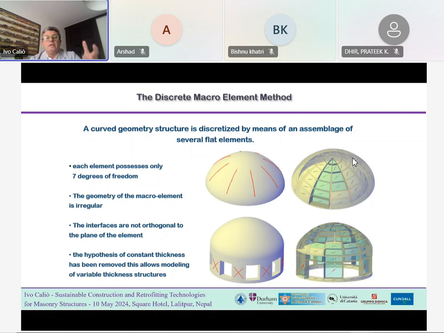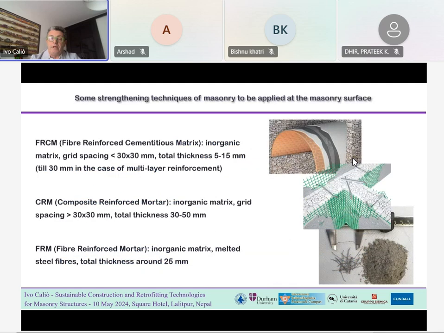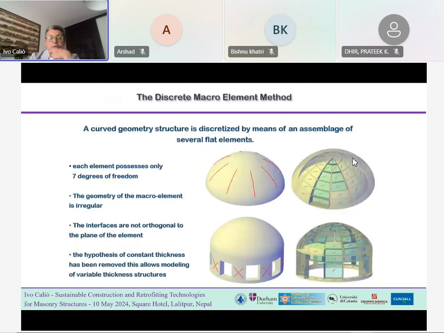So each element possesses only 7 degrees of freedom. 1 degree of freedom is related to the shear deformability in a main plane of the element, and the other degrees of freedom are related to the rigid body motion of the element. The interactions with the other elements are lumped in the nonlinear interfaces that rule the membrane behavior. The calibration approach follows a simple fiber modeling along the interface.